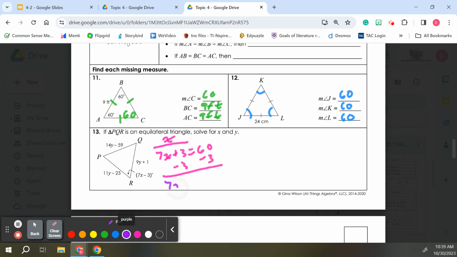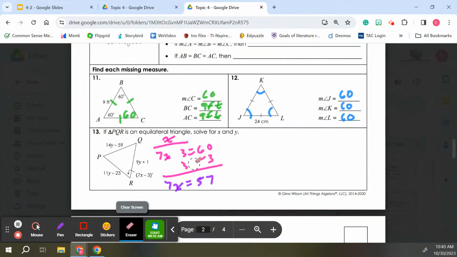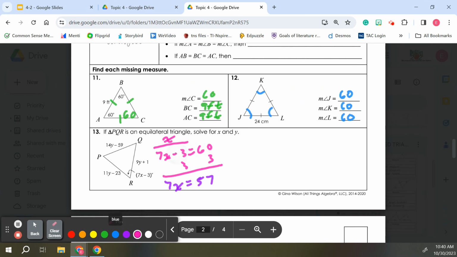That leaves me with 7X equals 57. Oh, wait, I made a mistake, didn't I? Whoops. This is minus, so this should be plus. There we go. So this should actually be 63, which makes a lot more sense. Okay, and then I'm going to divide both sides by 7, leaving me with X equals 9.